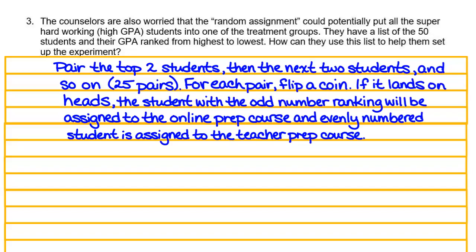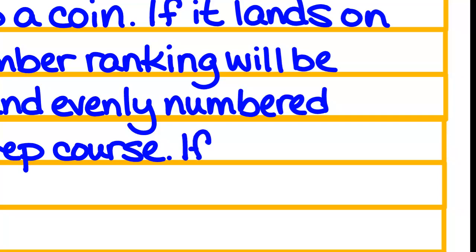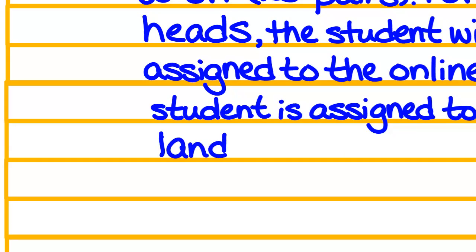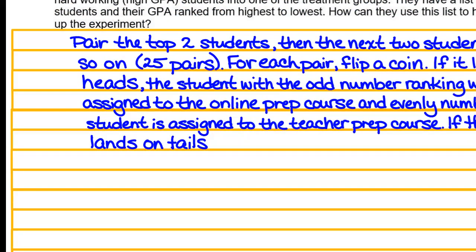All right, there's one other thing we've got to do here. Say what happens with tails. If the coin lands on tails, what? You could say vice versa, or I might want to be just a little bit more explicit and say, you know, odd number goes to teacher-led and even number goes here, but I don't have to write out as many words. But you could get away with saying vice versa since you've written out so much detail about the first part.